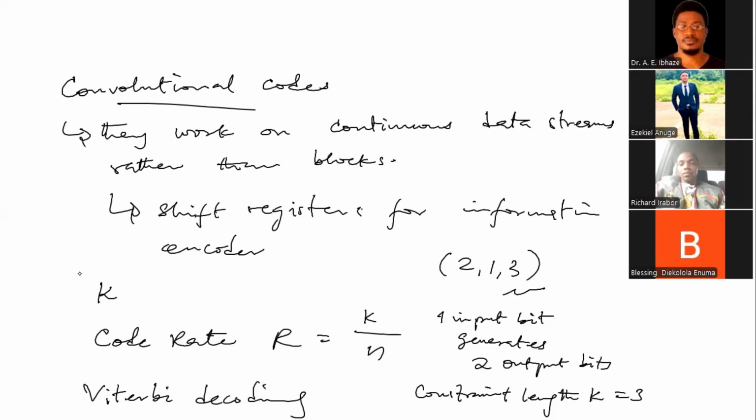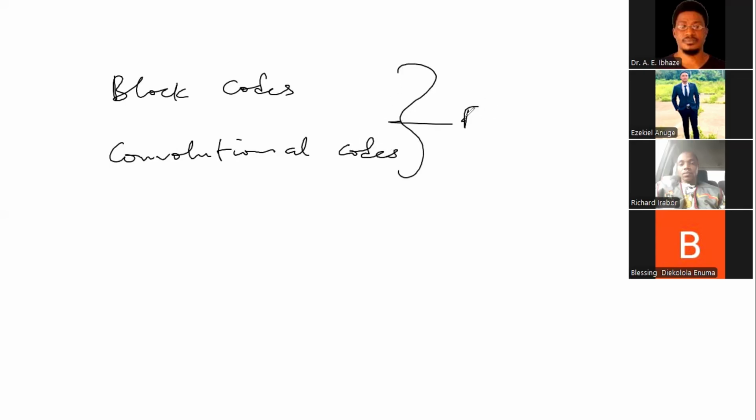Now, going forward, we now see that the block codes and convolutional codes built the foundation for channel coding schemes.